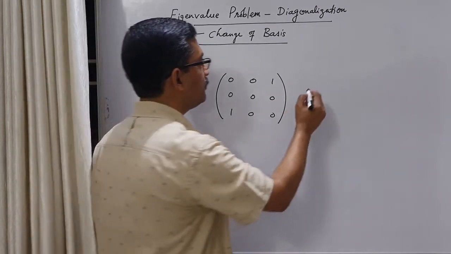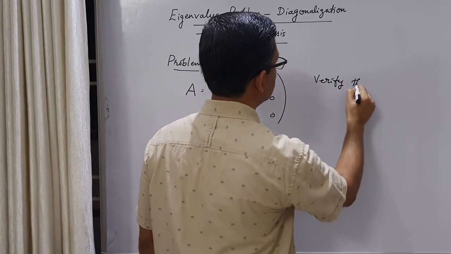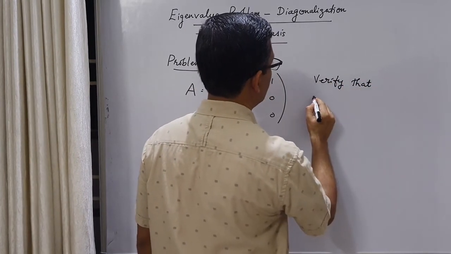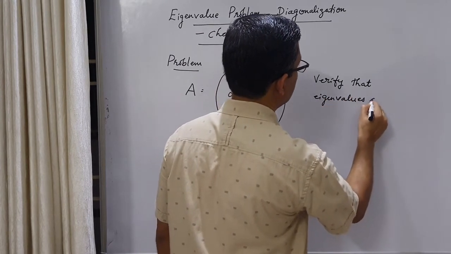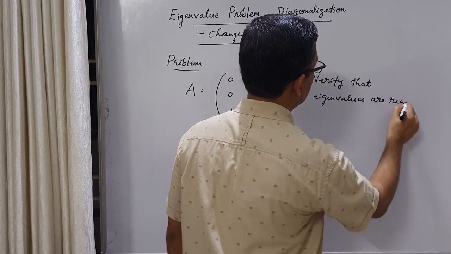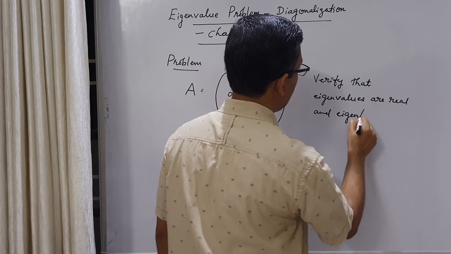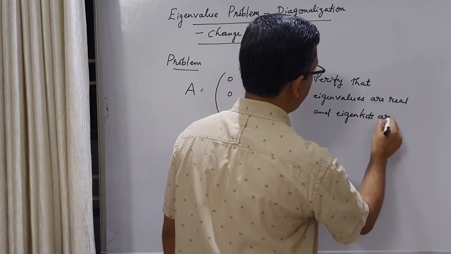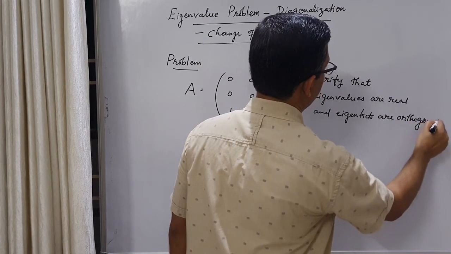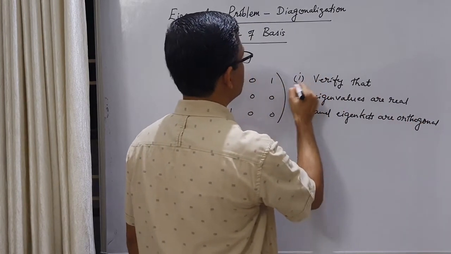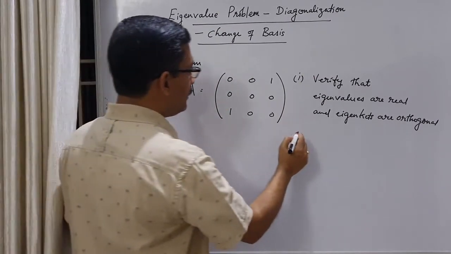So you can verify that eigenvalues are real and eigenkets are orthogonal. So this is first, you can verify that since it's a Hermitian operator.